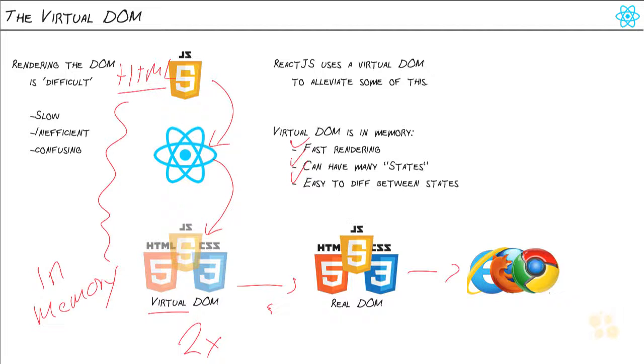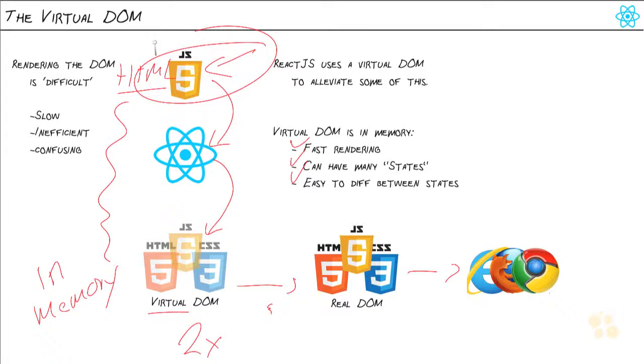Great. I know what you might be thinking, and you're absolutely correct. Manipulating the DOM, writing out the DOM in JavaScript, which is what we are talking about doing right here, is not all that easy. It's actually kind of ugly and confusing and weird. If you've ever used jQuery, you know that it can get a little bit hairy trying to manipulate the DOM through JavaScript.